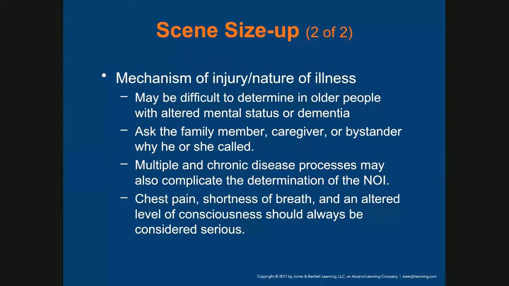Determine the NOI or MOI, how many patients you have, the need for additional resources, and if the MOI is considered significant, then you have to consider spinal motion restriction, and a vacuum mattress is preferred. If not, then a spine board with padding.